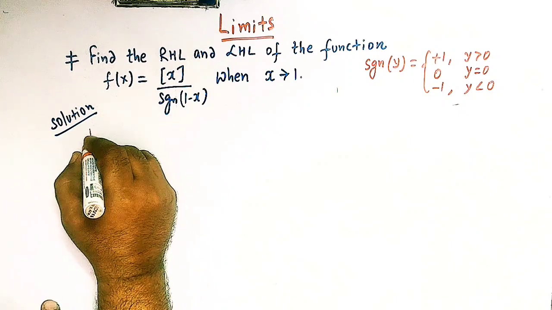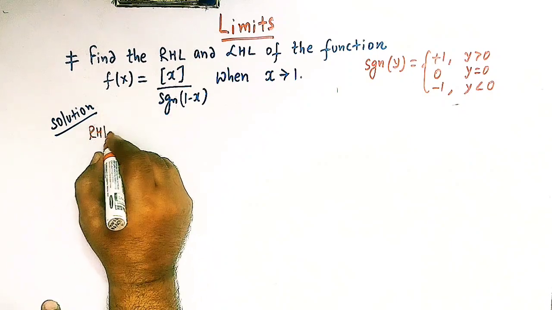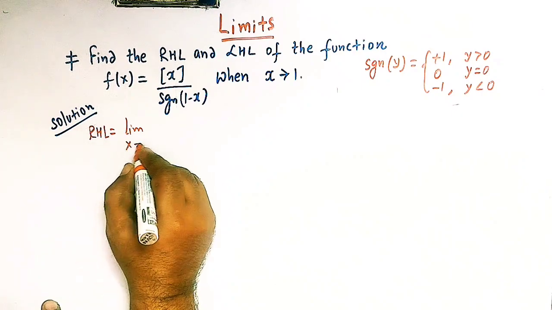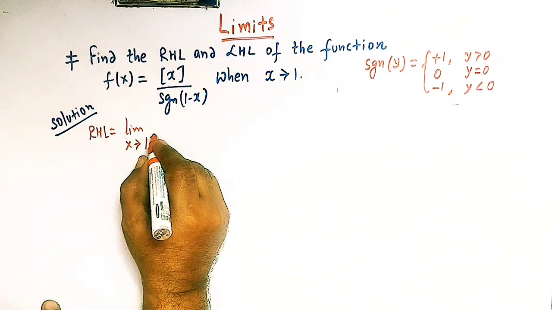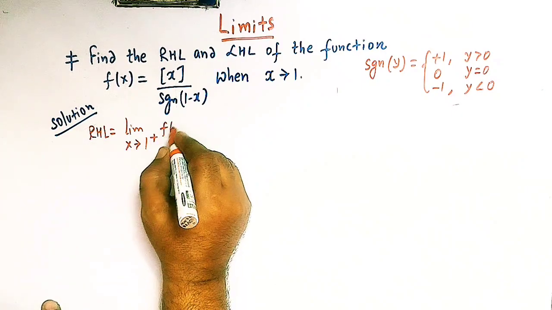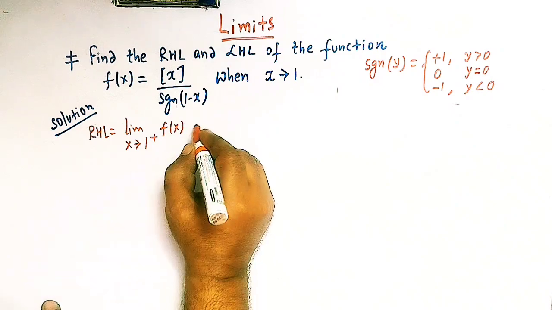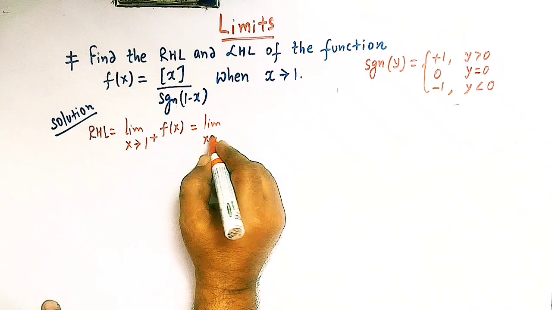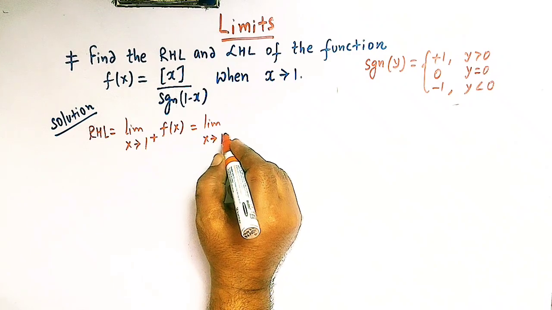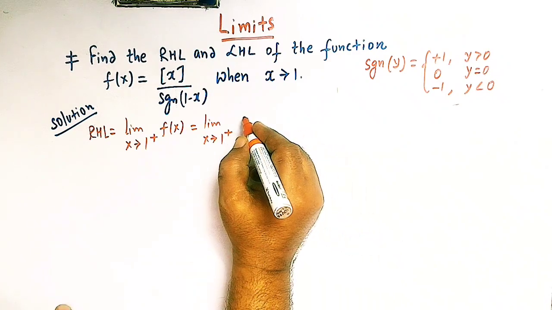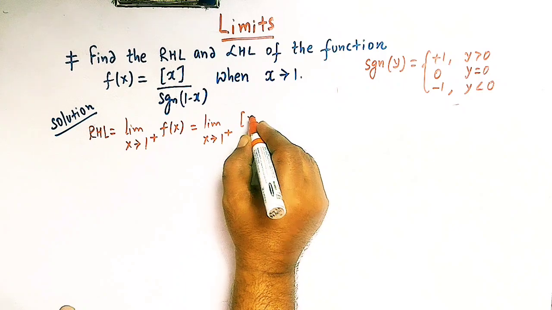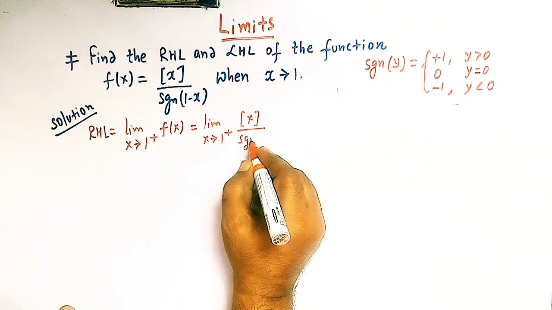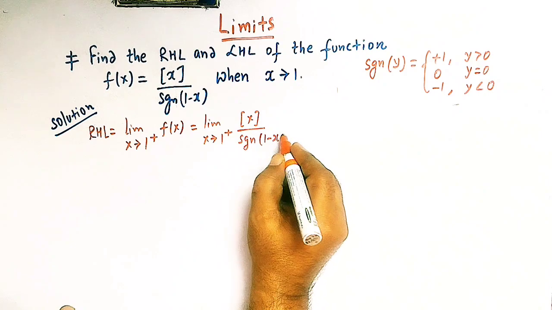So let us first find the right hand limit. So the notation for right hand limit is limit x tends to 1, and here we put a positive sign and we have the function f of x, and then we write limit, and here we have x tends to 1, and here we have the positive sign, and f of x is greatest integer of x divided by signum of 1 minus x.